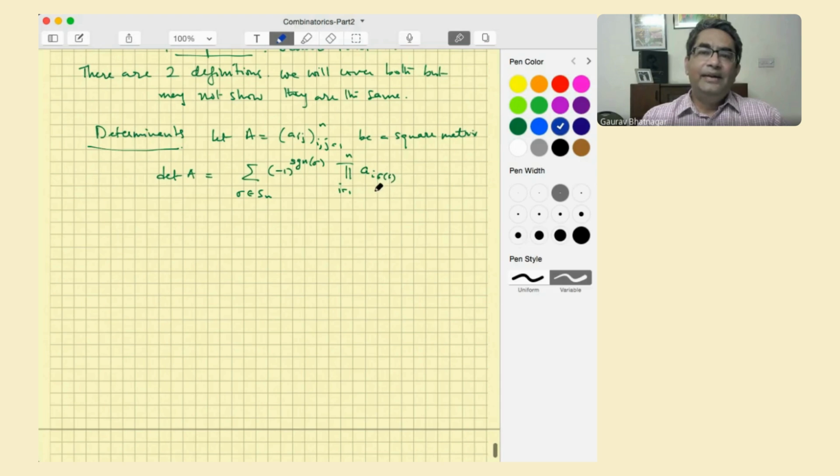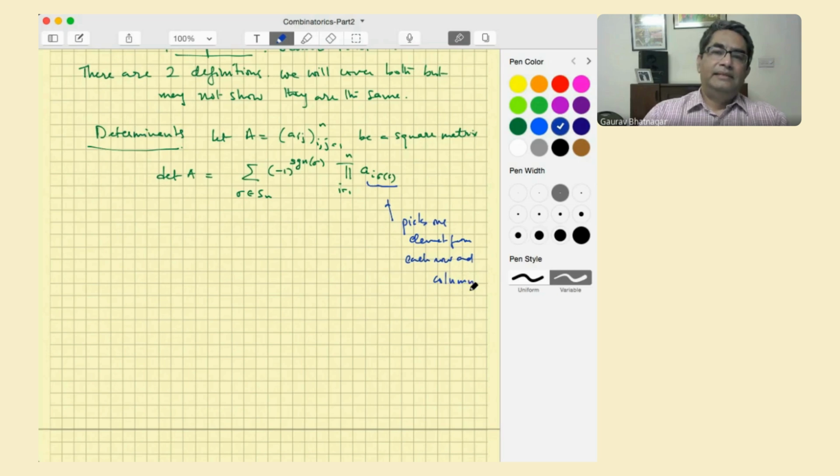And anyway, this is only for Dhruva. What does this guy do? This picks one element from each row and column, so a different element each time. It goes through the rows, and the first guy will pick something, then something, then something, but it will never repeat because it's a permutation.